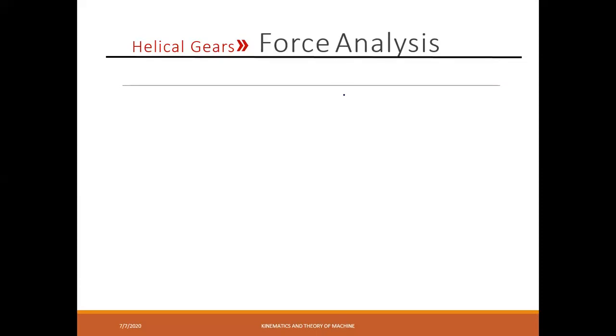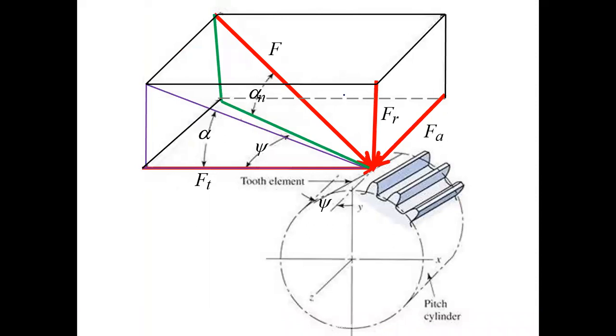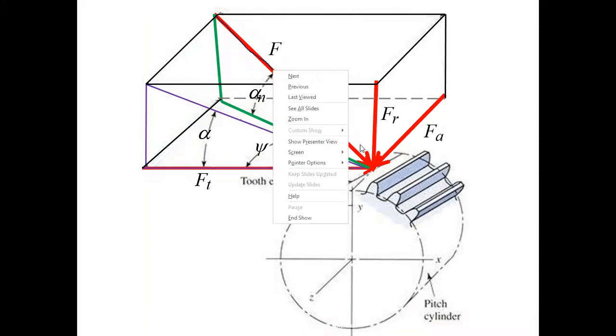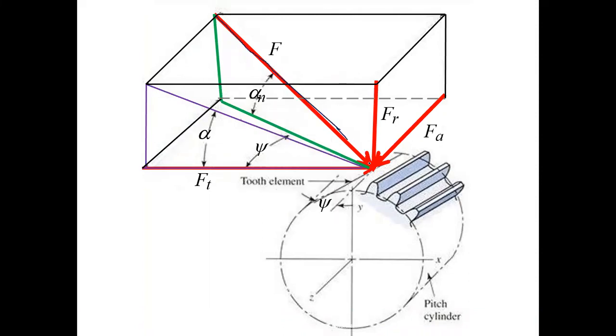Now the force analysis of the forces acting on the helical gear. The actual force acting on the helical gear is here, in this direction. Now we have to take two components of the force acting on the tooth tip. One is the radial force Fr, and one is the tangential force Ft.